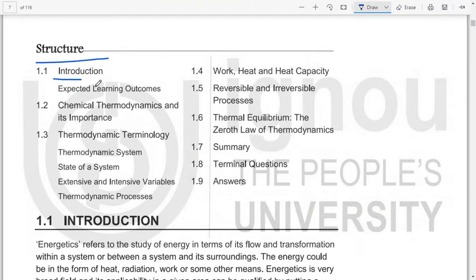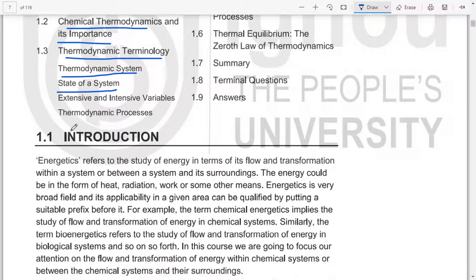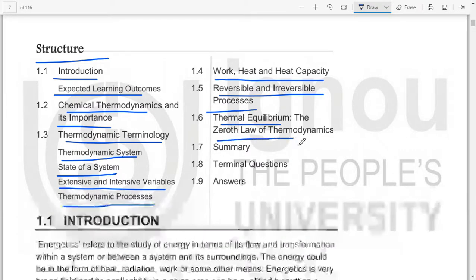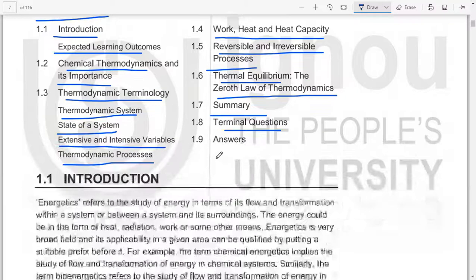Structure: Introduction, Expected Learning Outcomes, Chemical Thermodynamics and its importance, Thermodynamic Terminology, Thermodynamic System, State of a System, Extensive and Intensive Variables, Thermodynamic Processes, Work, Heat and Heat Capacity, Reversible and Irreversible Processes, Thermal Equilibrium, the Zeroth Law of Thermodynamics, Summary, Terminal Questions, Answers.